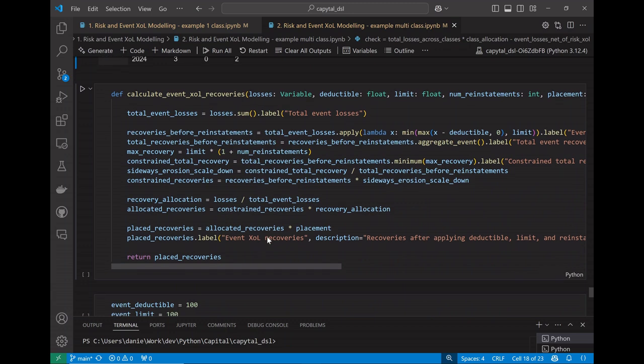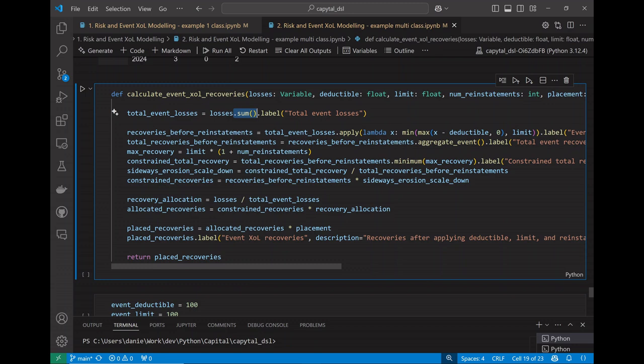And so we want to build this into our modified event XoL function. So we're no longer using exactly the same function for the event XoL recoveries as we did for the risk XoL recoveries, because we need to deviate in the way we handle these gross losses. So the subject losses now, this is where the sum is happening. So we're now summing early before we present the losses to the contract. They're getting aggregated across class and year to give us the total event losses.